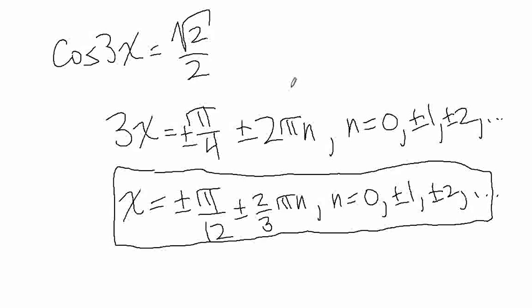Now, let me show you how to solve a trigonometric equation that does not involve a special angle. Suppose you wanted to solve the tangent of 7x equals 0.12. Now, this trigonometric equation is not associated with any special angles.